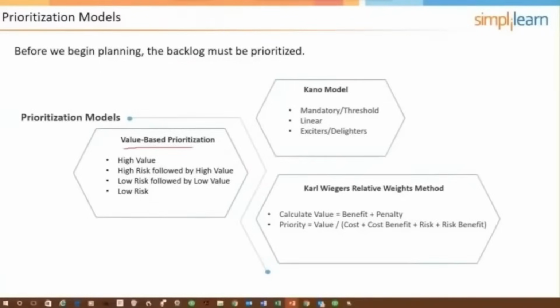And then the third category is exciters and delighters. And those are features or functions. Those are user stories that are not mandatory. And the absence of them will never result in satisfaction going below neutral. But by adding them, you could create excitement and delight for the customer.